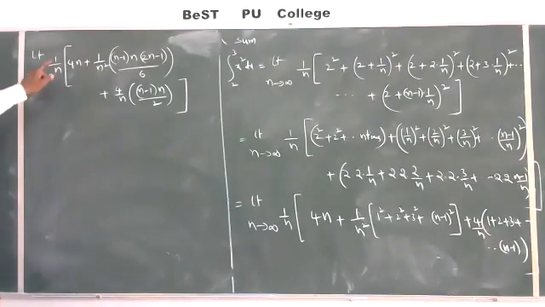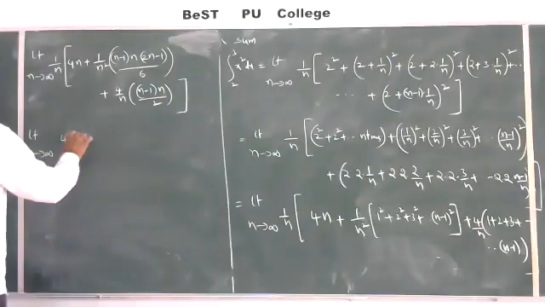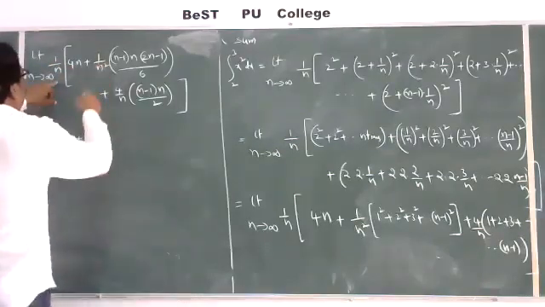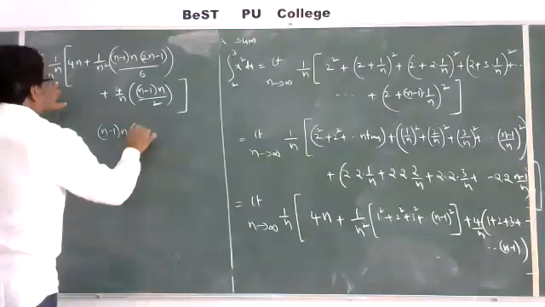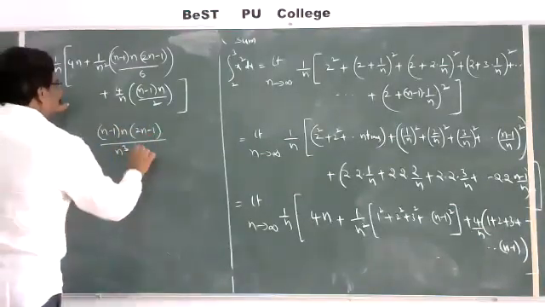Then multiplying 1 by n inside the bracket, limit n tends to infinity 4 plus 4n by n, n cancels, 4 plus here 1 by n cube, that is (n minus 1) into n into (2n minus 1) by n cube into 6.